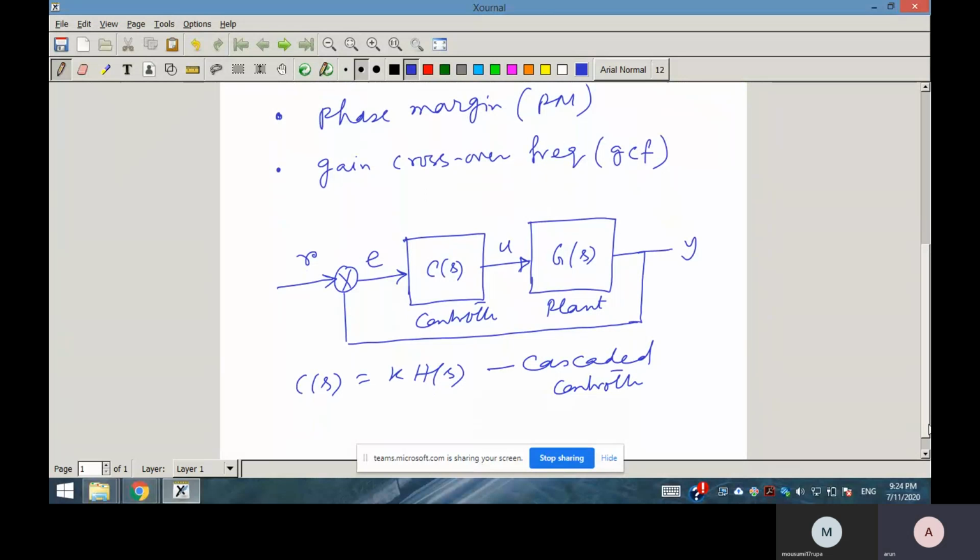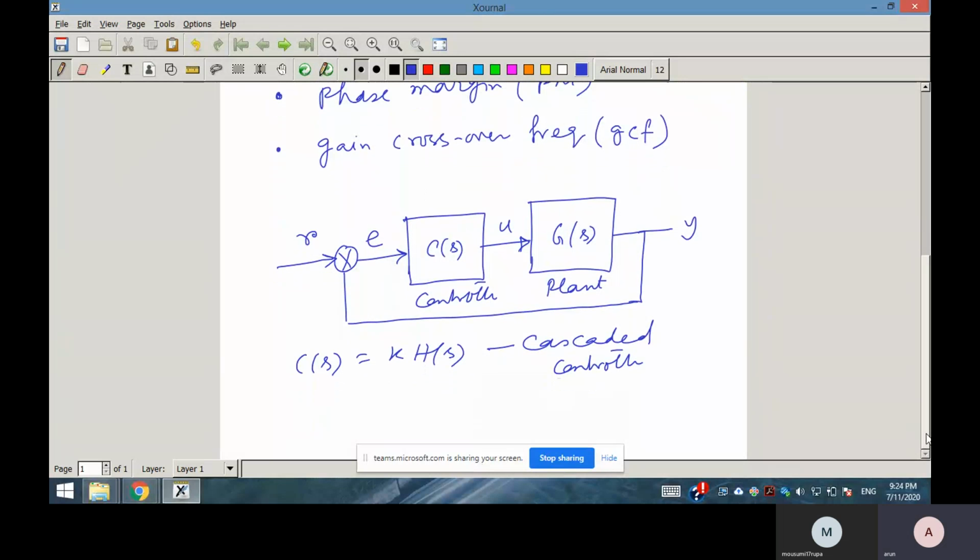As we know, K is a static gain or servo gain, used to meet the steady state error constant.